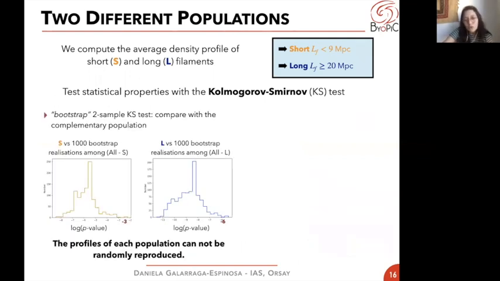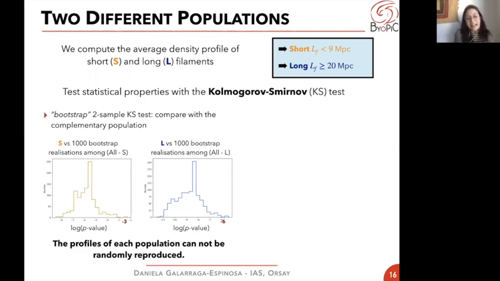To do so, I first computed what I like to call a bootstrap KS test, which is basically that I compared the density profile of the short population with random realizations of density profiles taken from the complementary population. I did that 1,000 times in order to have a distribution that takes into account the properties of the complementary population.